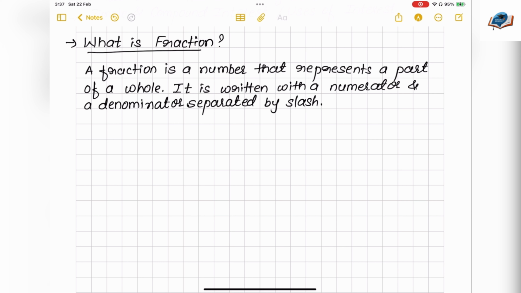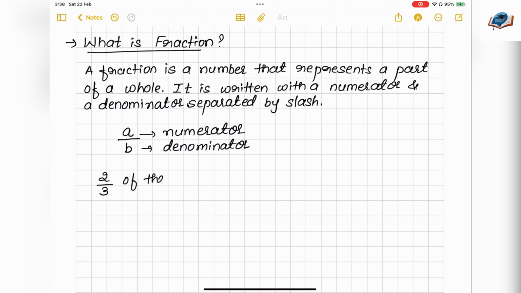Now, how to represent this? Suppose A quantity upon B. So this is my slash, upon. So this will be my numerator and this will be my denominator. Now, if I want to give an example, I can say, okay, I ate 2/3 of the pizza.